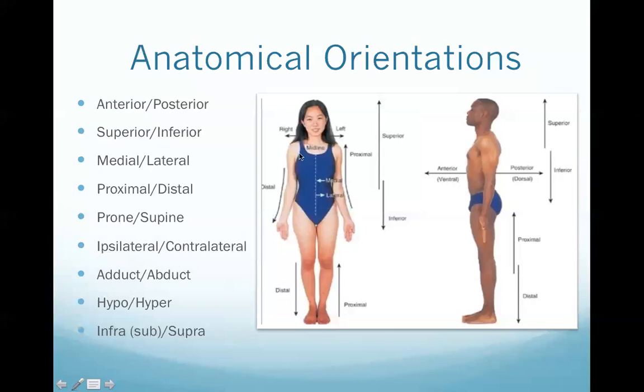Your right arm is contralateral to your left leg. So we would only use these terms when we're talking in relationship to other structures. My right shoulder is contralateral to my left shoulder, but my left hand and my left foot are ipsilateral to one another, meaning they're on the same side.